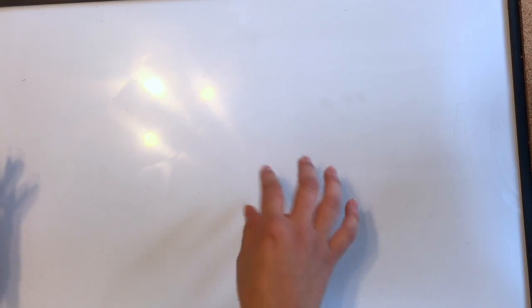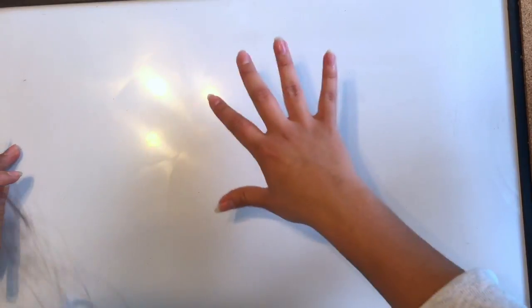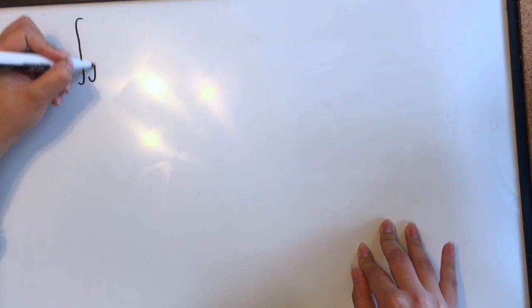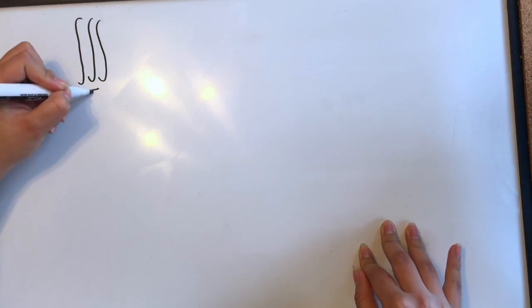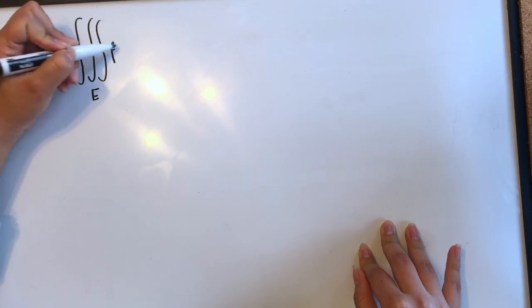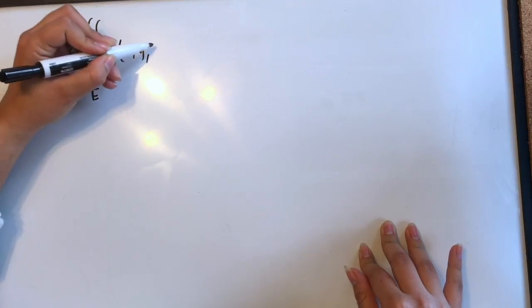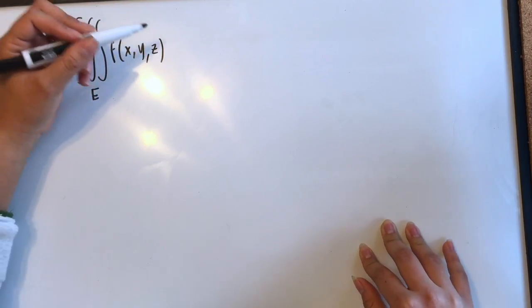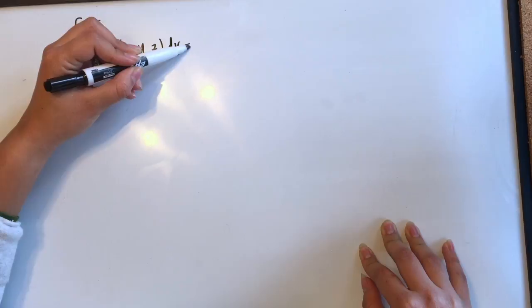Okay, so understanding the limits for the triple integral in cylindrical coordinates, let's now look at the integral equation. Knowing the triple integral equation from 15.7, the previous section, which is the triple integral of f of x, y, and z dV.